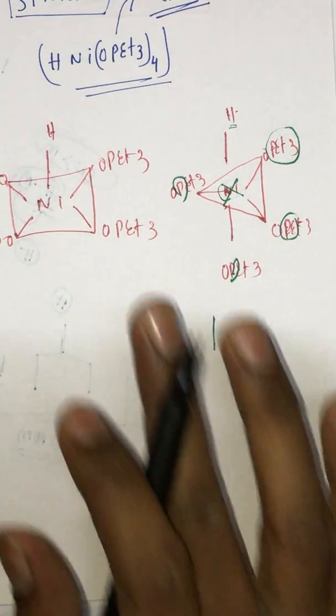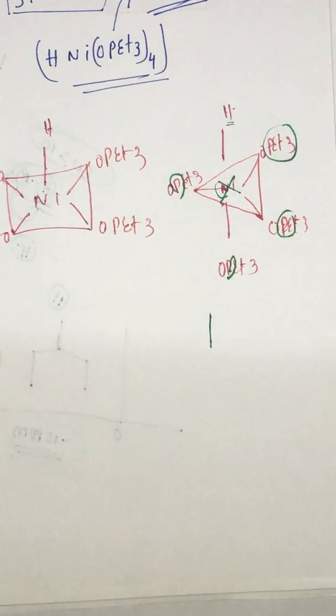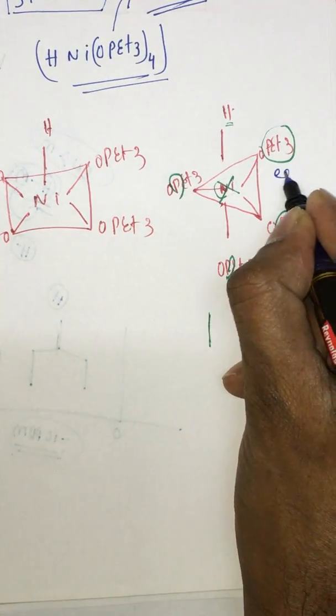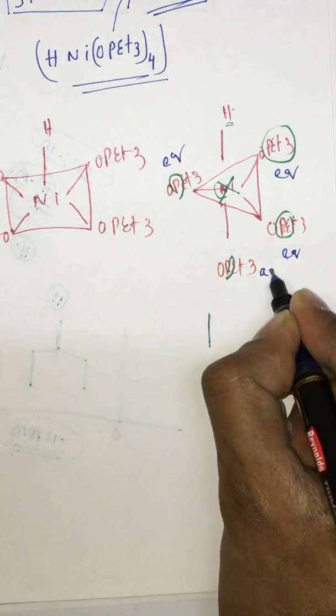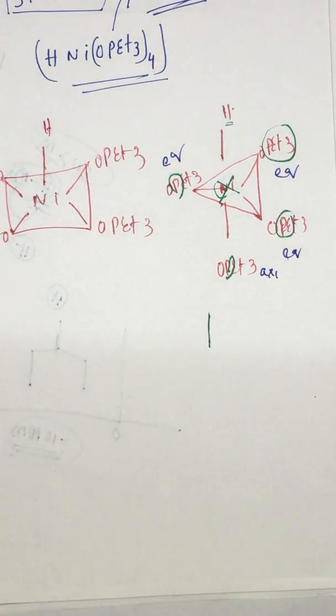Here there are 4 phosphorus atoms, but out of 4, 3 are equivalent and 1 is inequivalent. Three are equatorial, and this one is axial. So all 4 are not the same.